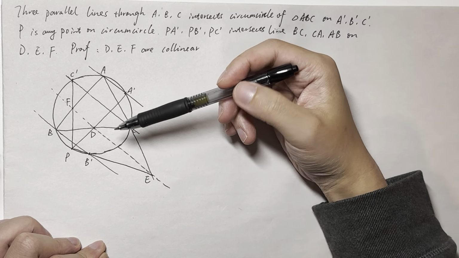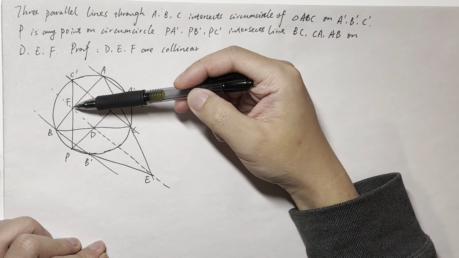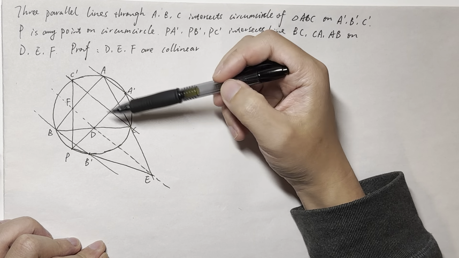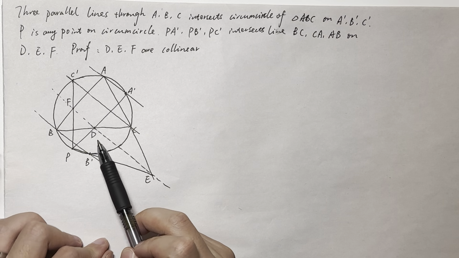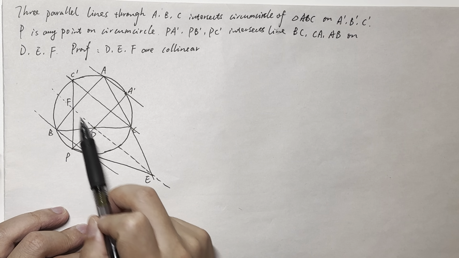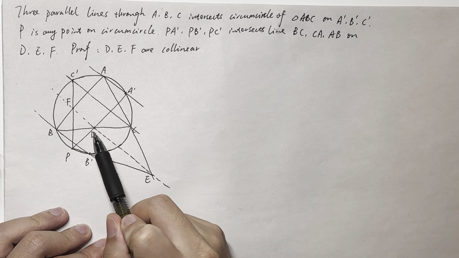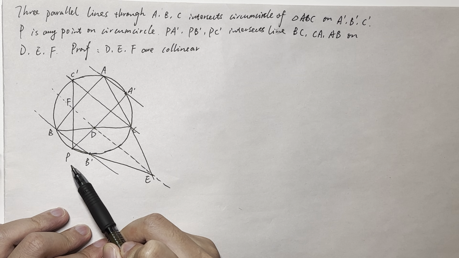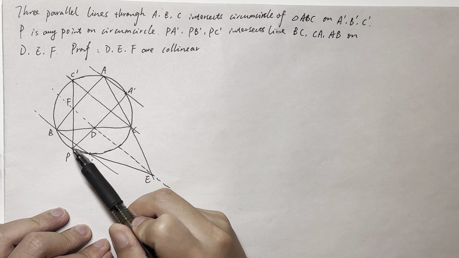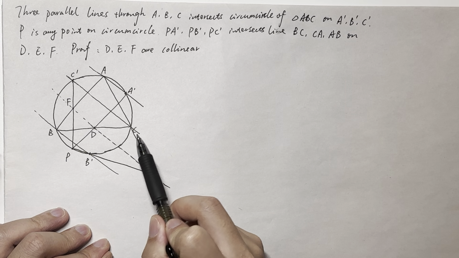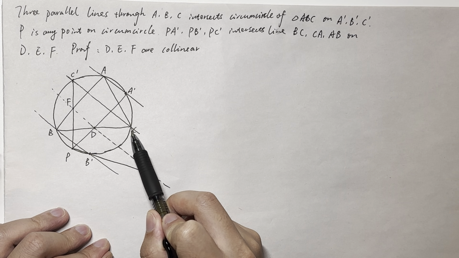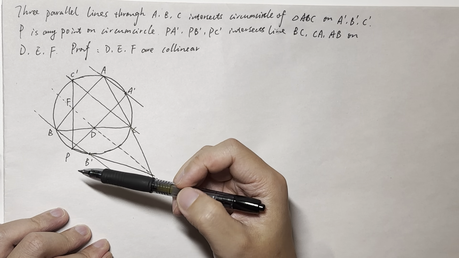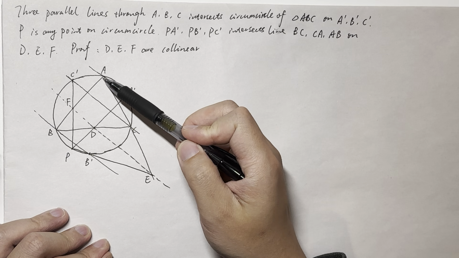So let's look at the figure and try to prove that FD is parallel to AA', BB', CC'. First, we need to look at how we get FD. The point D comes from the intersection of segment PA' and BC, and point F comes from the intersection of segment PC' and AB.